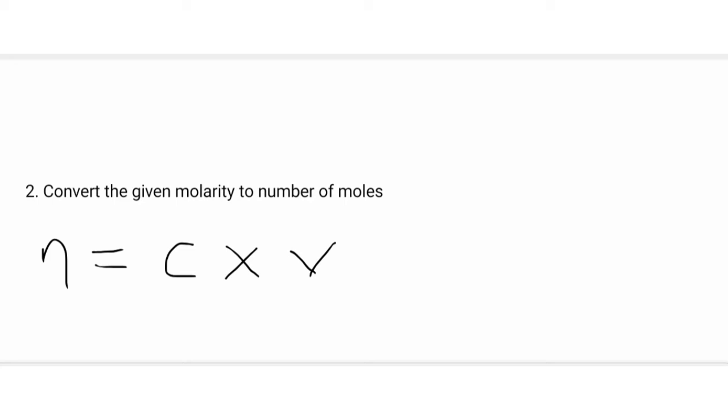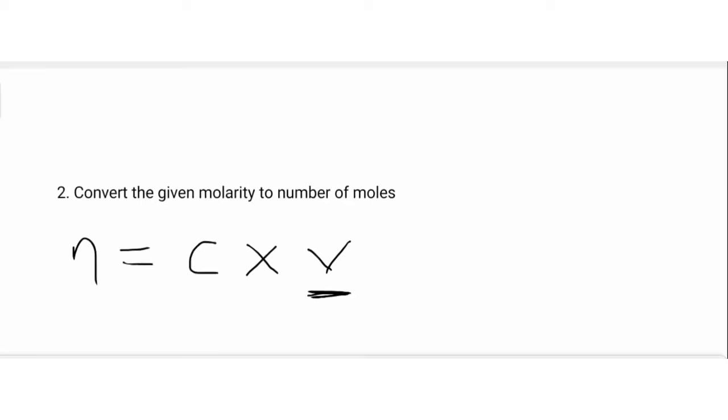So we can easily convert this given molarity to number of moles. Now we need to be careful here. For volume, the unit should be in liters. What we have been given is in milliliters. So to convert milliliters to liters, we just need to divide by 1000.